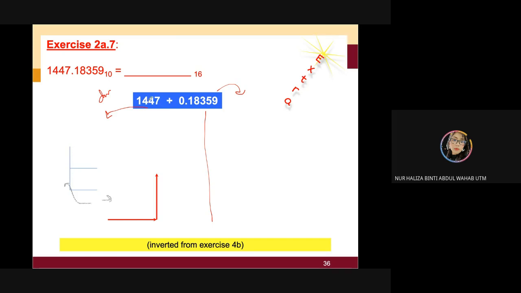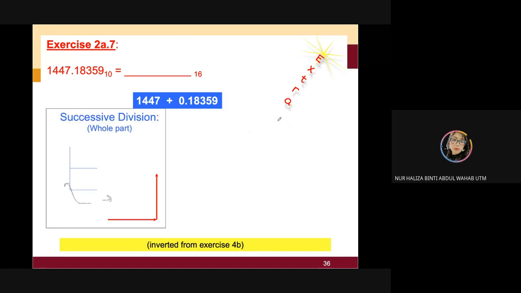So this part you divide 147 by 16. And this one you multiply 0.18359 by 16. So let's take a look at the steps.